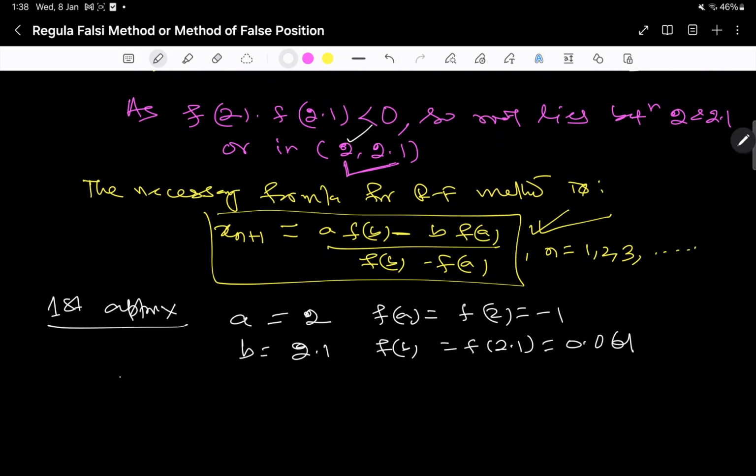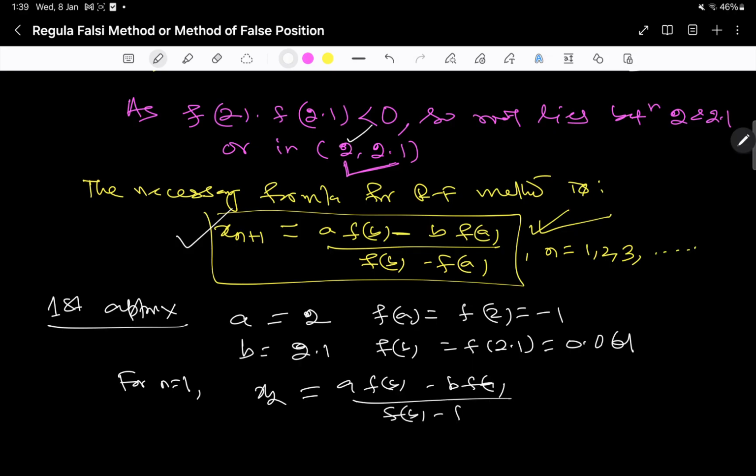0.061. So for n equal to 1, what is the formula? x2 is equal to (a f(b) minus b f(a)) divided by (f(b) minus f(a)).